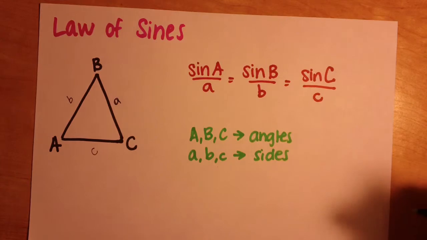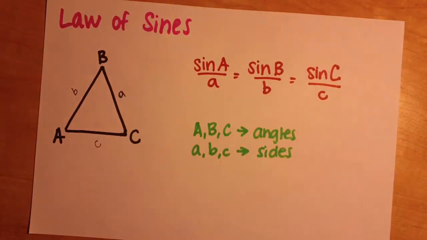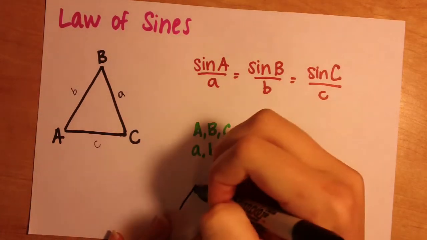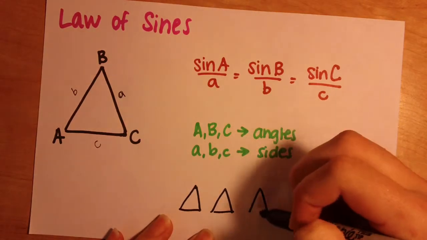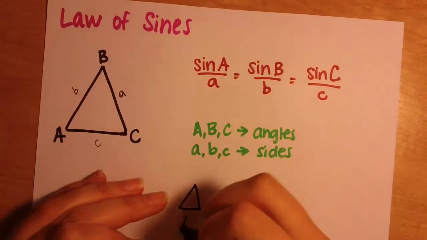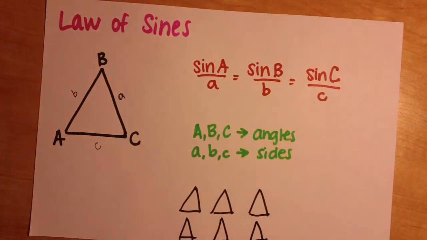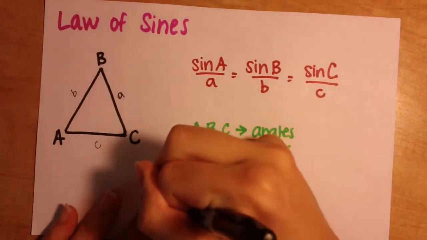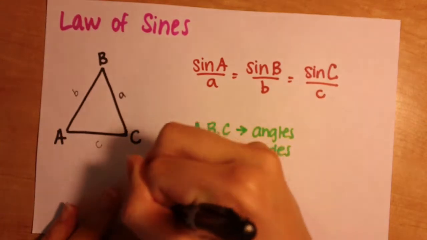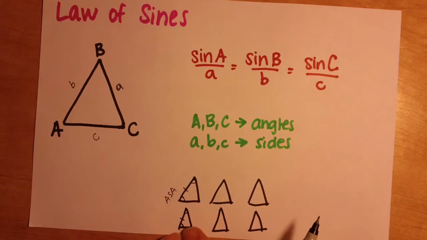Some useful things that we can use from geometry could be some of our triangles. When we had congruent triangles, we could have triangles that were congruent by three different things. We had angle, side, angle, where the side was included between the angles.